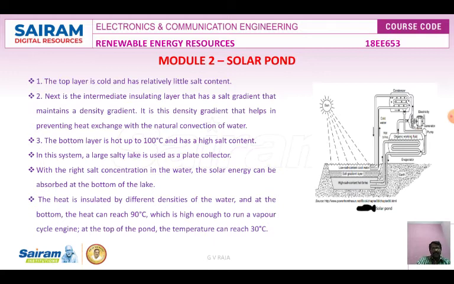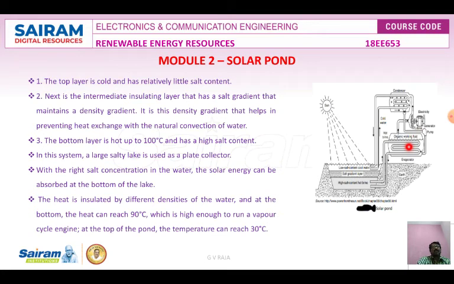So in this system, a large salty lake is used as a plate collector. With the right salt concentration in the water, the solar energy can be absorbed at the bottom of the lake. The highly insulated heat is transferred, and the bottom reaches 90 degrees Celsius, which is high enough to run the vapor cycle engine, called the turbo generator.